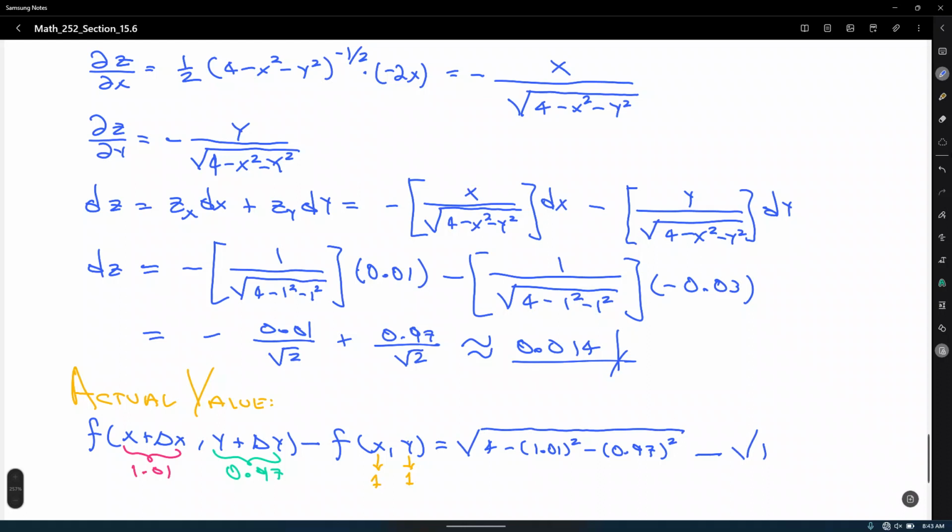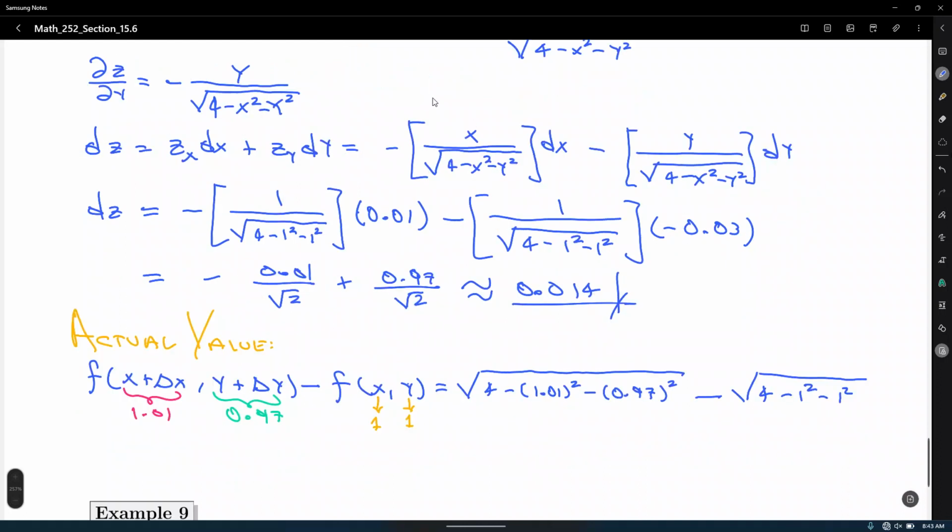That is the square root of 4 minus 1 squared minus 1 squared, which we already calculated before, right? So what is that going to give us? Well, this is approximated to 4 decimals, 0.0137. Compare the two results.